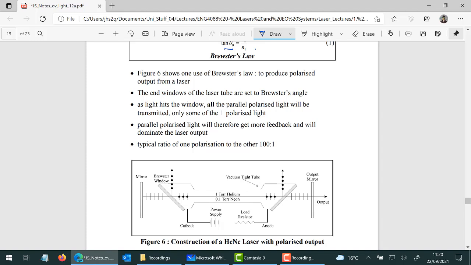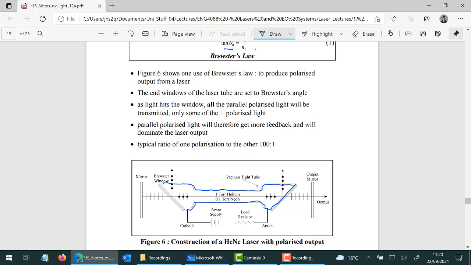So the little diagram I've got down here is a helium neon laser. This is a small gas laser. We have a tube, like a neon tube, sealed at both ends with mirrors.